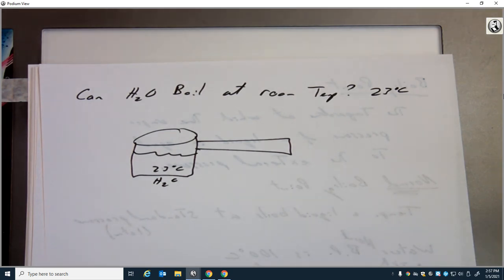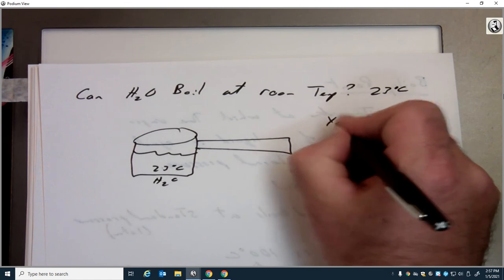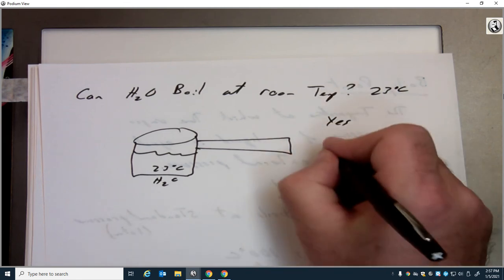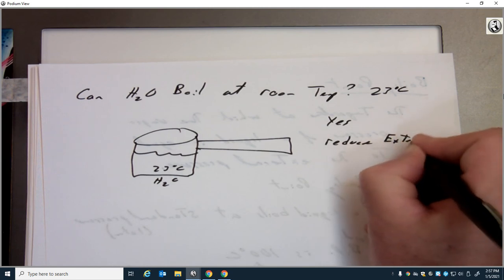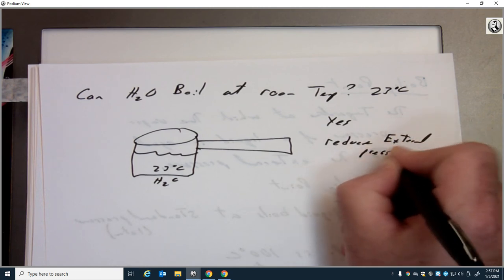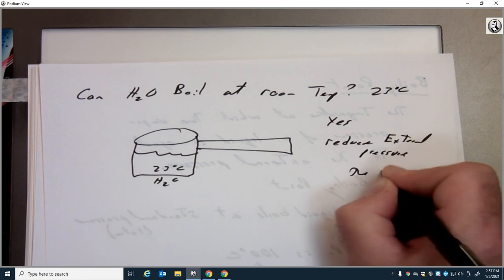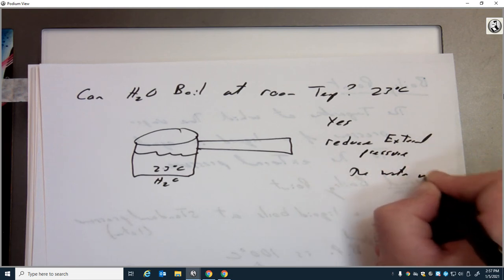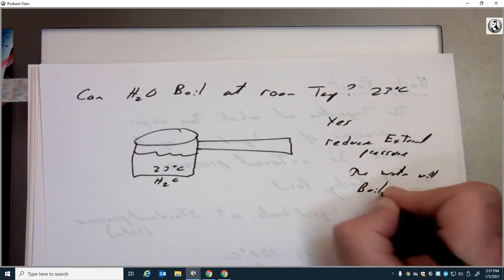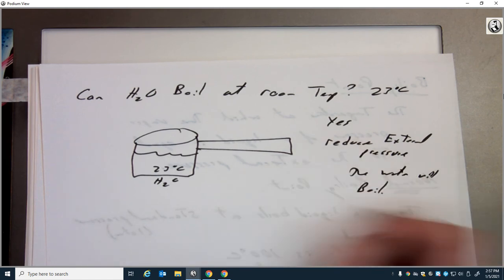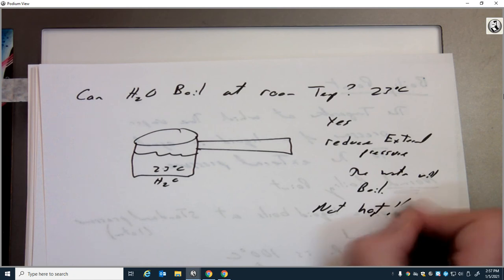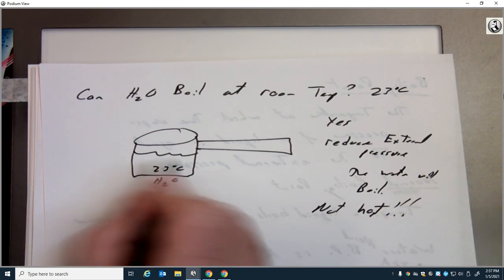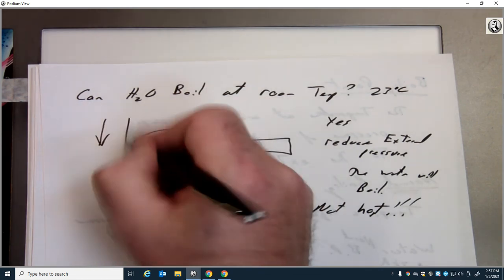Well, the answer is yes. How? If I reduce the external pressure, the water will boil. It doesn't mean it's hot. It's only at room temperature. The water's temperature doesn't change. What we're changing is the pressure pushing down.